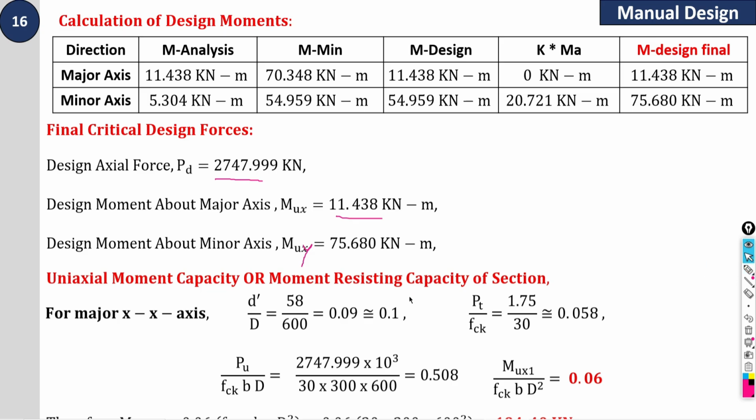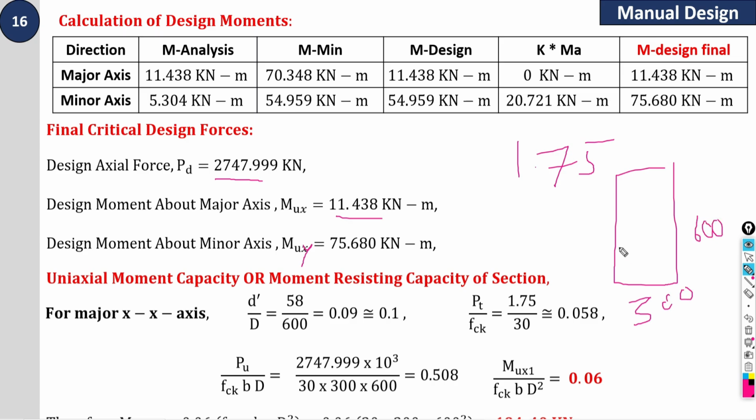As per our IS code, we have to check our provided percentage as 1.75 percent, provided size of the column as 300 by 600. Whether all these things are safe or not, we are going to find out the uniaxial moment capacity or moment resisting capacity of the section.